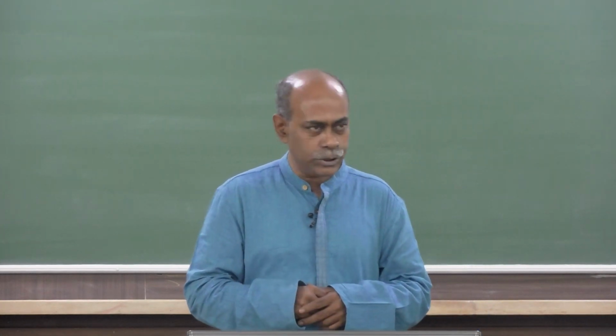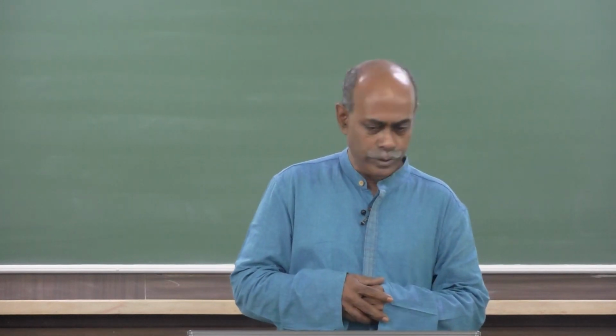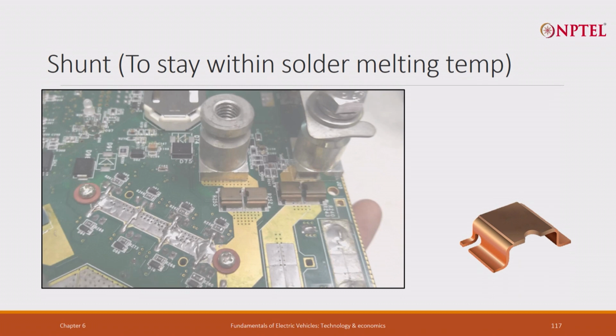The problem with the shunt is that it is a very tiny component, very small, and at the floor where you see here, at this place, it is in contact with the PCB on the two sides. That area is really small and it is soldered there. It is soldered onto the copper tracks.